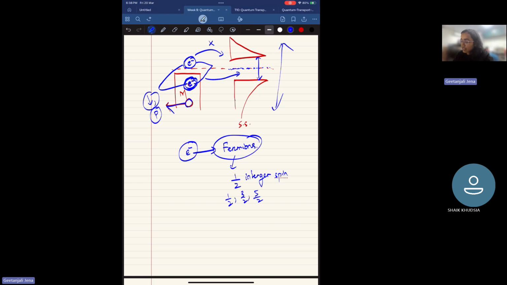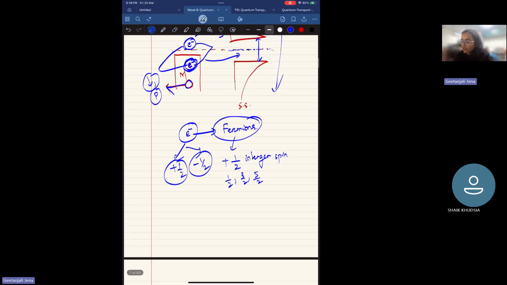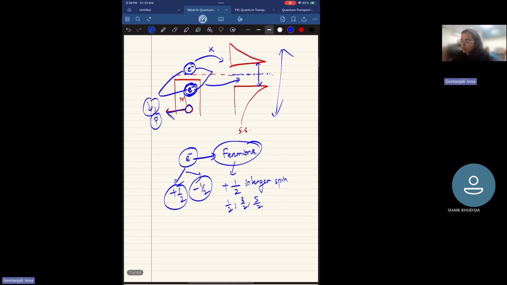But for electron, it is either plus half or minus half. So for Andreev reflection, the electron that is trying to move to the superconducting side will pick up one electron which has opposite spin.